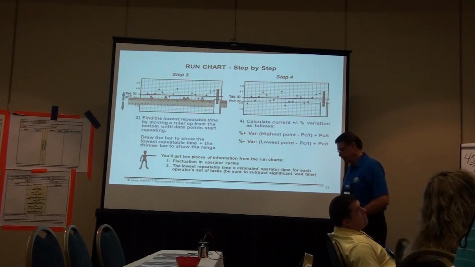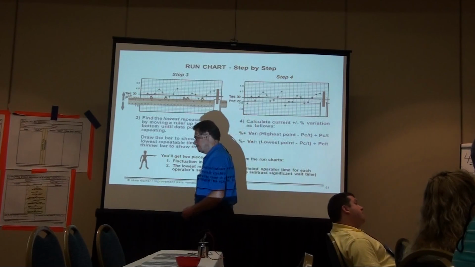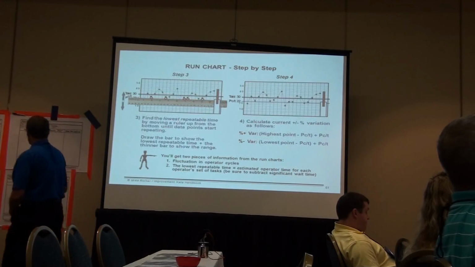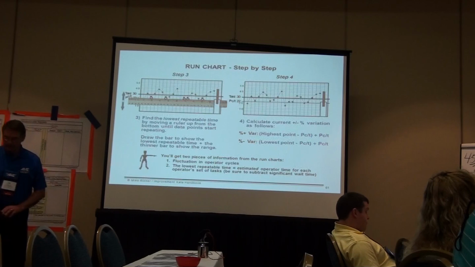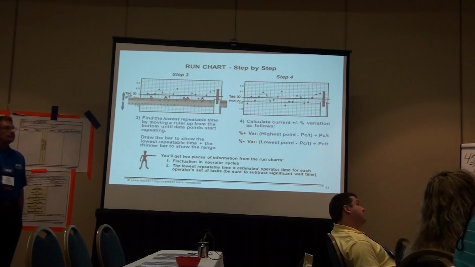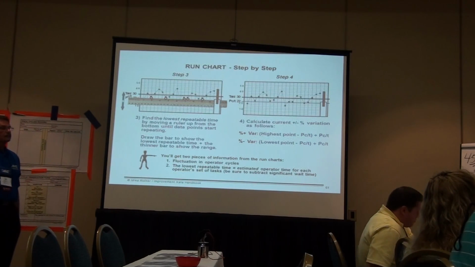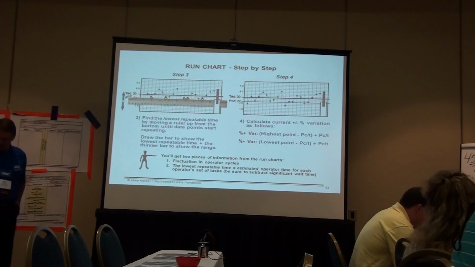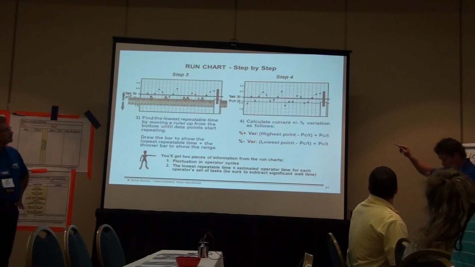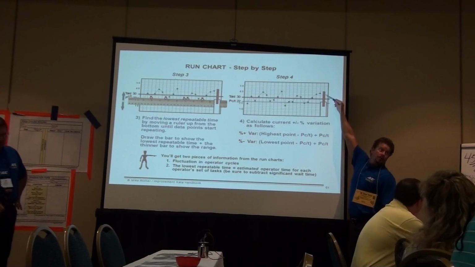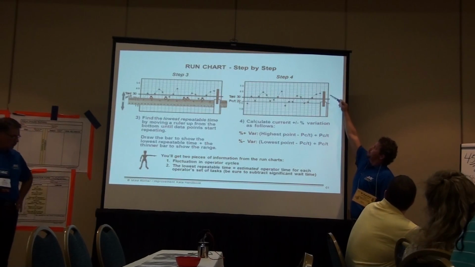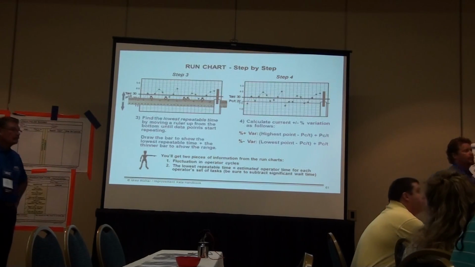Okay, and we're going to say that the lowest repeat is 12 seconds. Okay? Now with your red marker, split to that right there. That's good right there, Bill. We want to try and create this bar between the lowest point and the highest point.